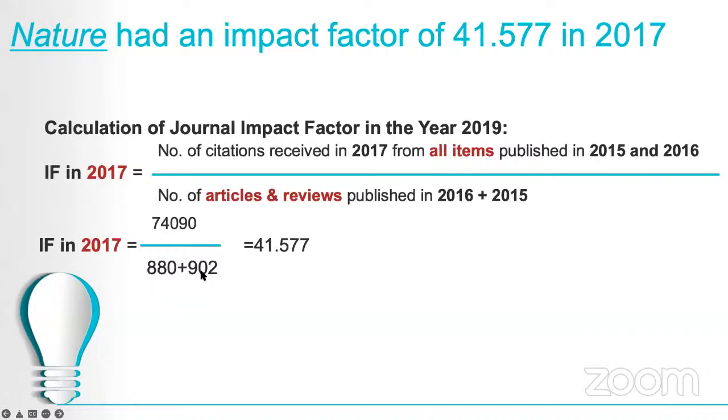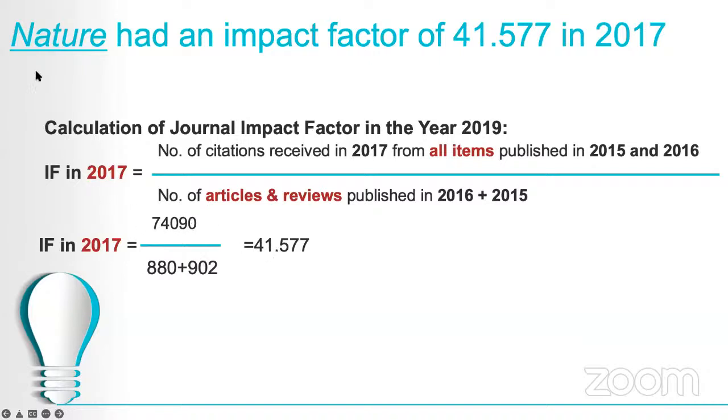These two years were published in 15-16, and got citations in 2017. Obviously, citations will be counted one year later, right? So the number of citations received in the current year, divided by the number of items published in the previous 2 years, equals 41. When it is divided, it comes to 41.